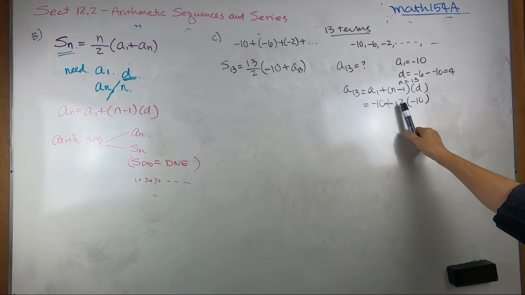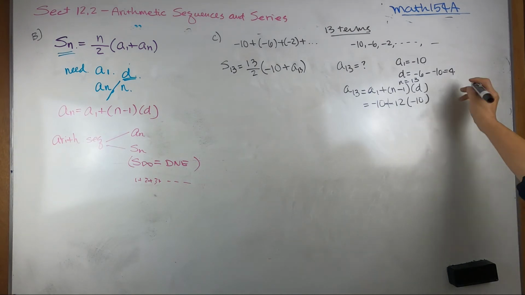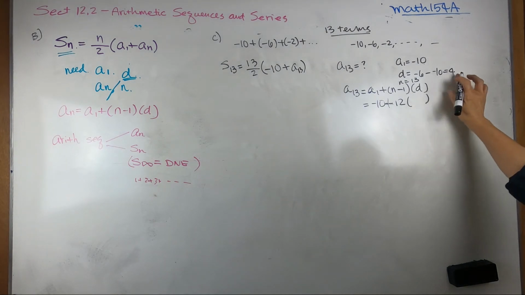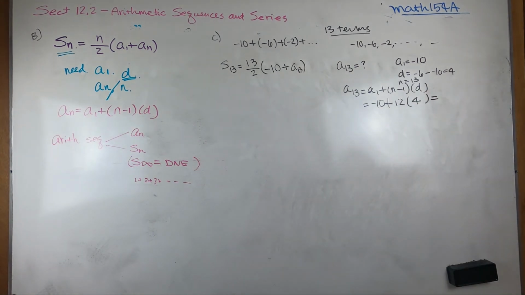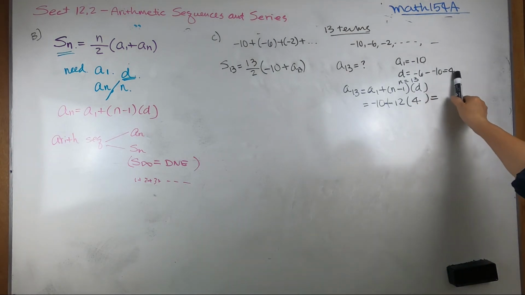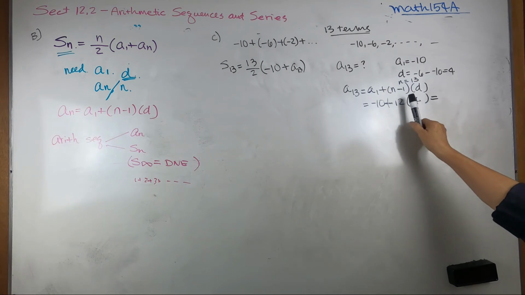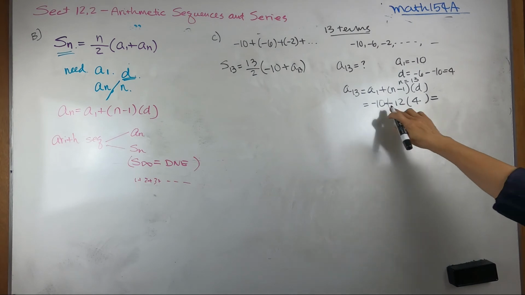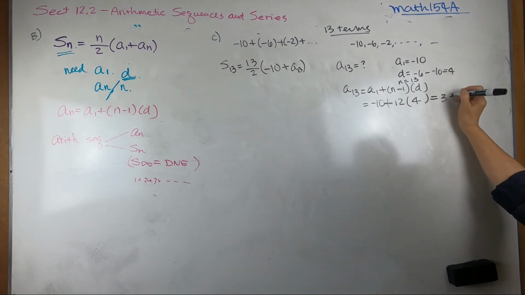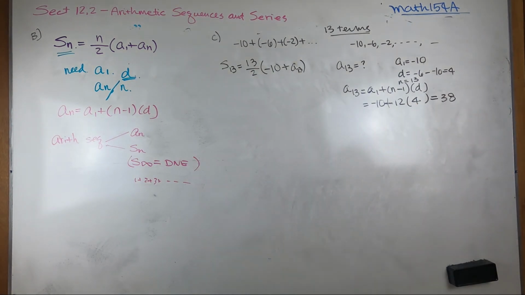N is 13, 12 times D. D is, see, typo, D is 4. Double check, right? So what's our D? 4, right? 4 times 12 positions away is 48, minus 10 would be 38. So did we find A13?